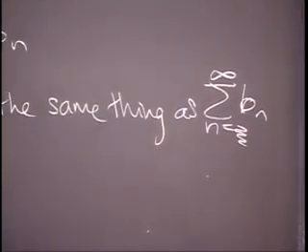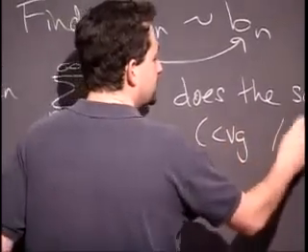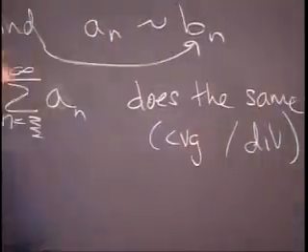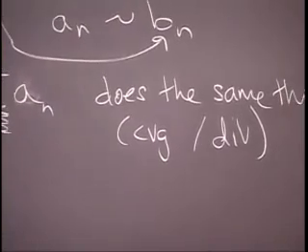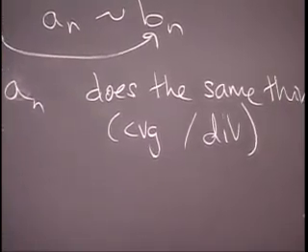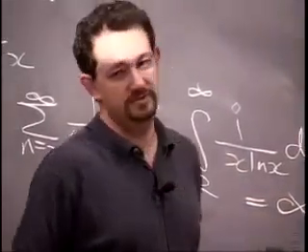What do I mean by does the same thing? I mean converges or diverges. Now, if the bn series diverges, then so does an. If it converges, the an series converges, but not necessarily to the same thing. You just know whether or not it converges.